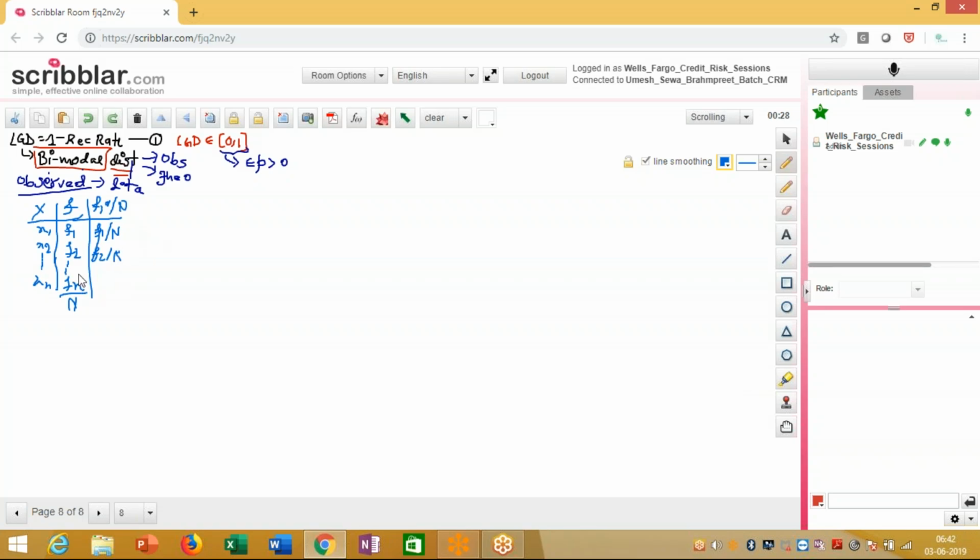So like this, you have fn by N. One thing we can see is that corresponding to each outcome, we can always compute its chances of occurrence.